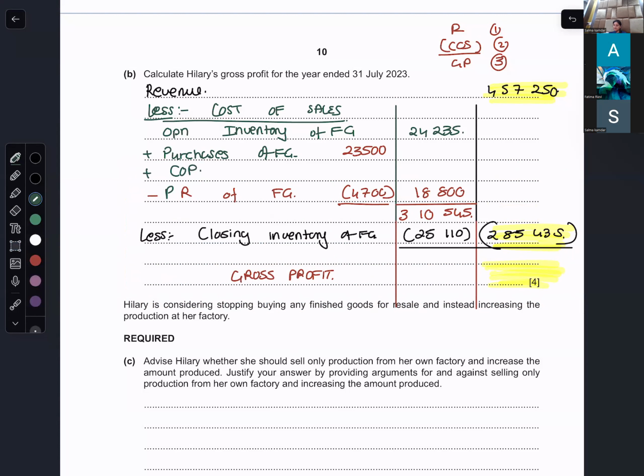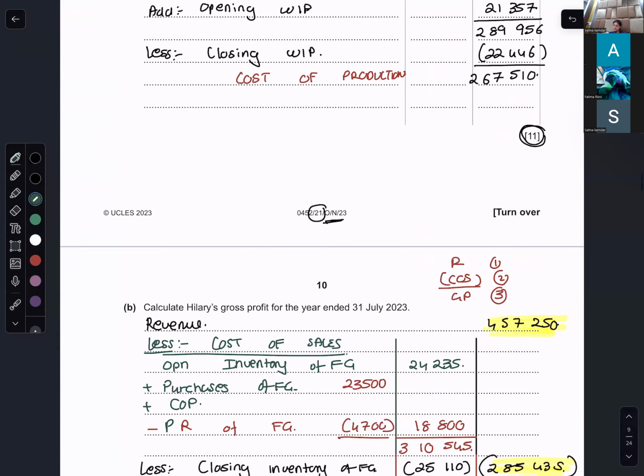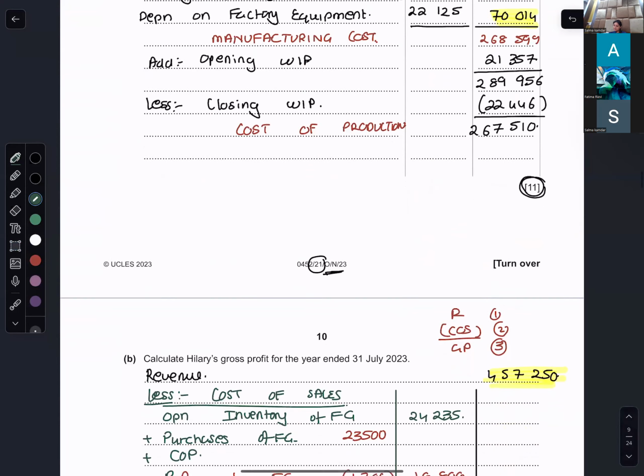How much is the cost of production? 267,510.